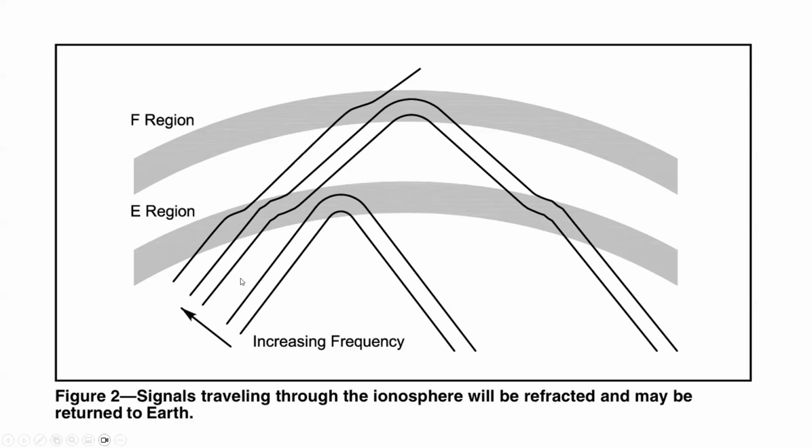But basically, as this chart has increasing frequency, depending on the ionization of the layers, and I've got two layers on this diagram, your signal may not be returned to Earth. So that's not too good for propagation around the globe. But if your signal's below the maximum usable frequency, it will be returned to Earth.